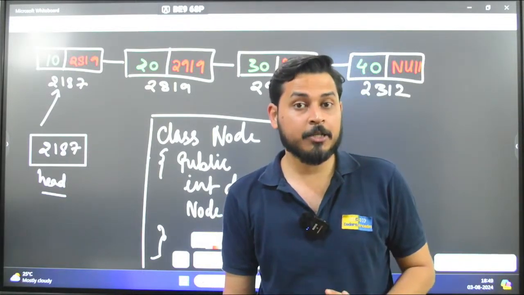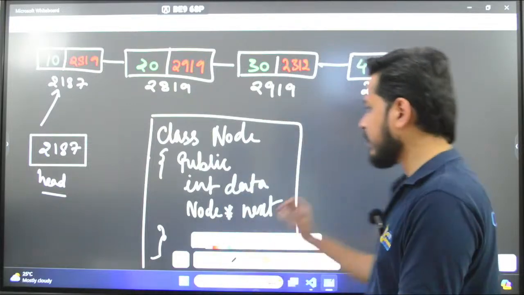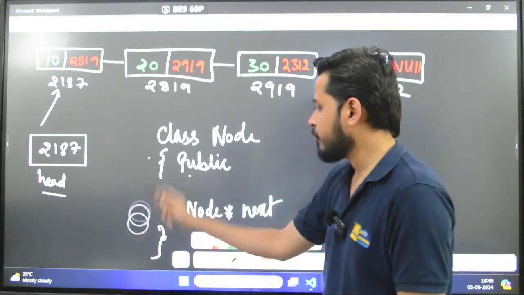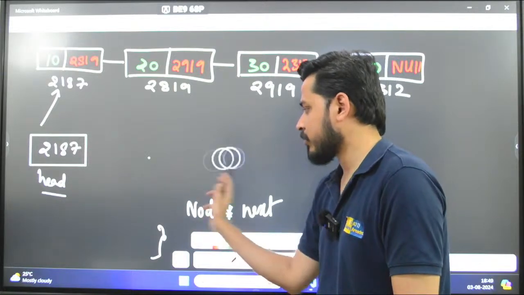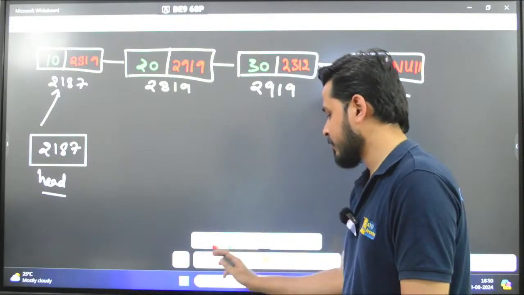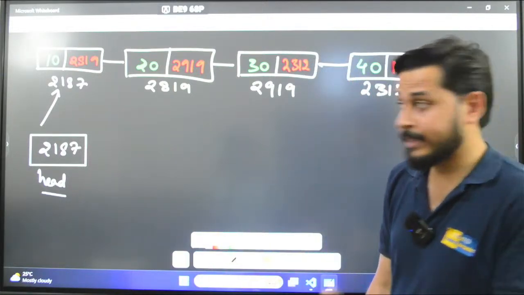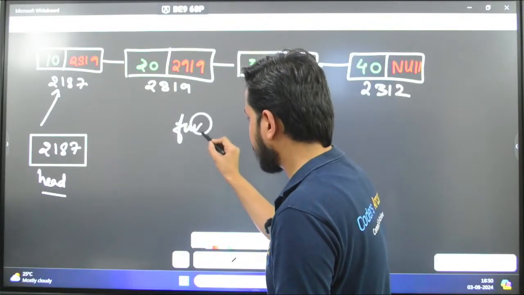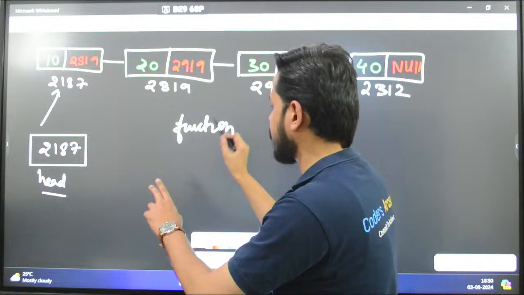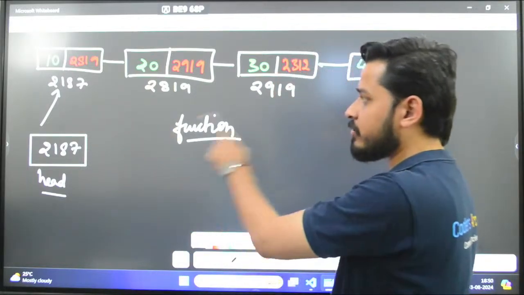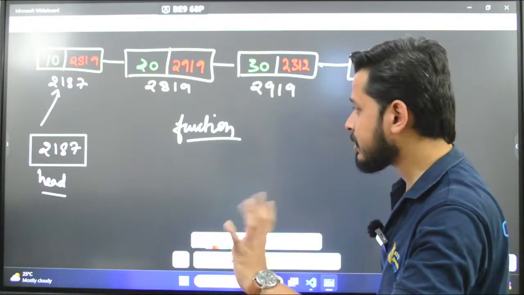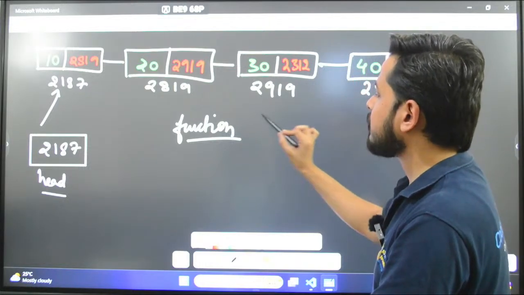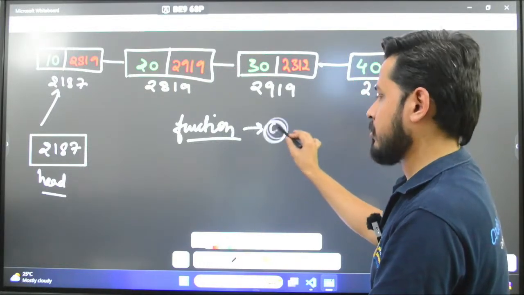Now let us continue from here. The next thing I told is that we would create the insertion function. Three things I have told, and those are functions. I have done creating the class, but the next thing I need to do is write some functions to do some operations.